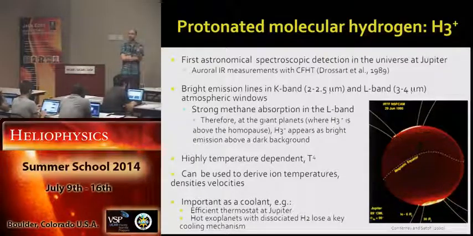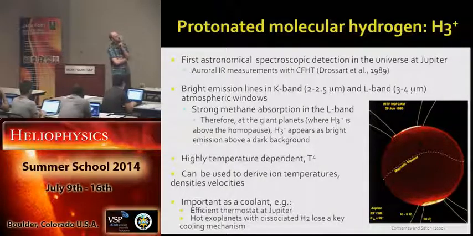Because if they're too close, you're going to dissociate H2, and then you can't produce H3+. As Fran mentioned, the first astronomical spectroscopic detection in the universe was at Jupiter. And that was in 1989. So it's relatively recent, but it's been tremendously useful diagnostic of the upper atmospheres of the giant planets ever since then.